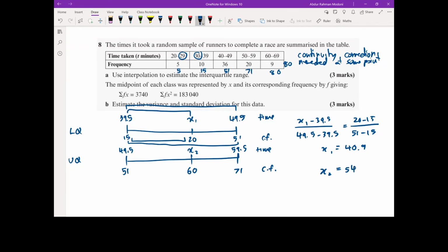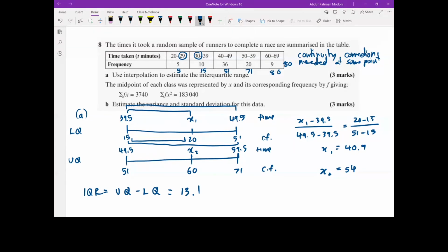And so my interquartile range, which I'll write down for part A, they're asking me to work out, is upper quartile minus the lower quartile, and so that's 54 minus 40.9. So my interquartile range here is 13.1. Okay, so that's part A, using linear interpolation.